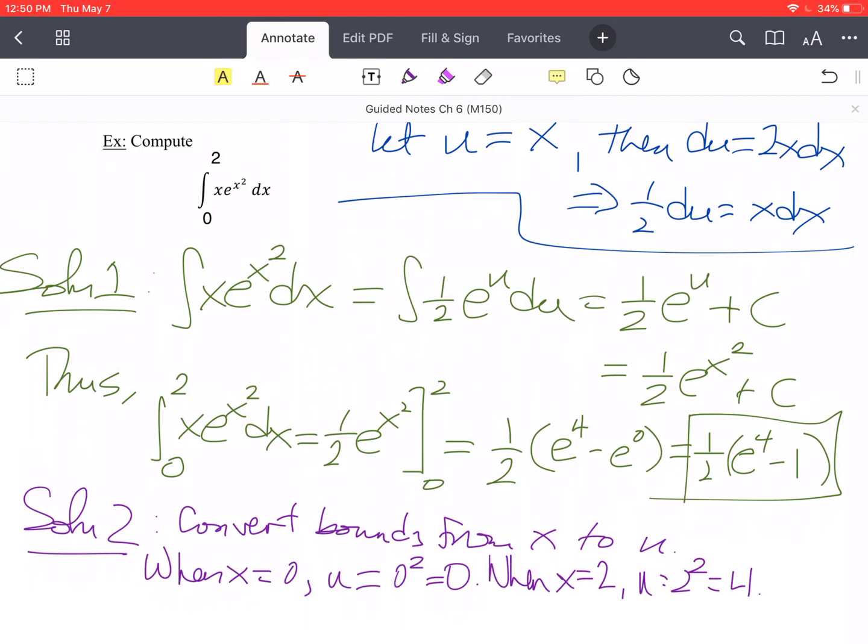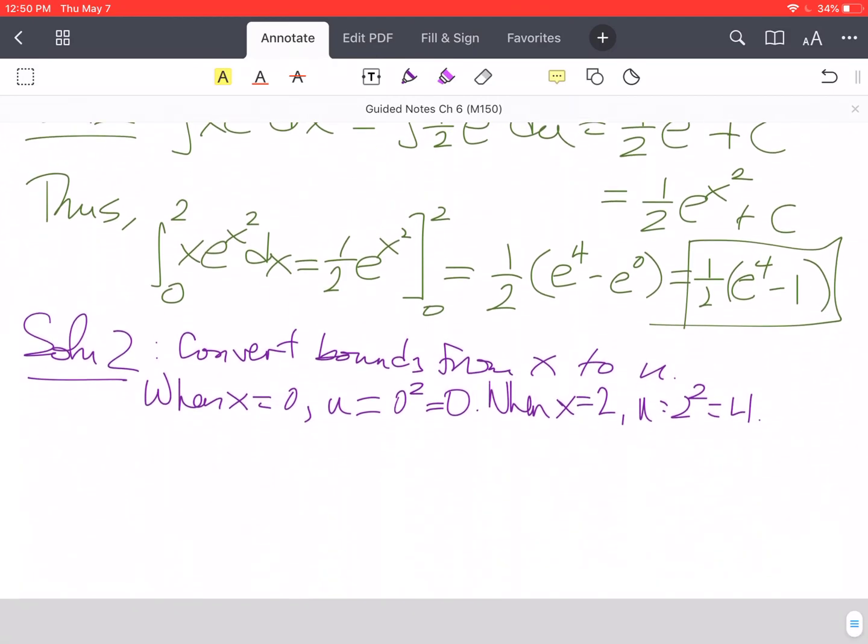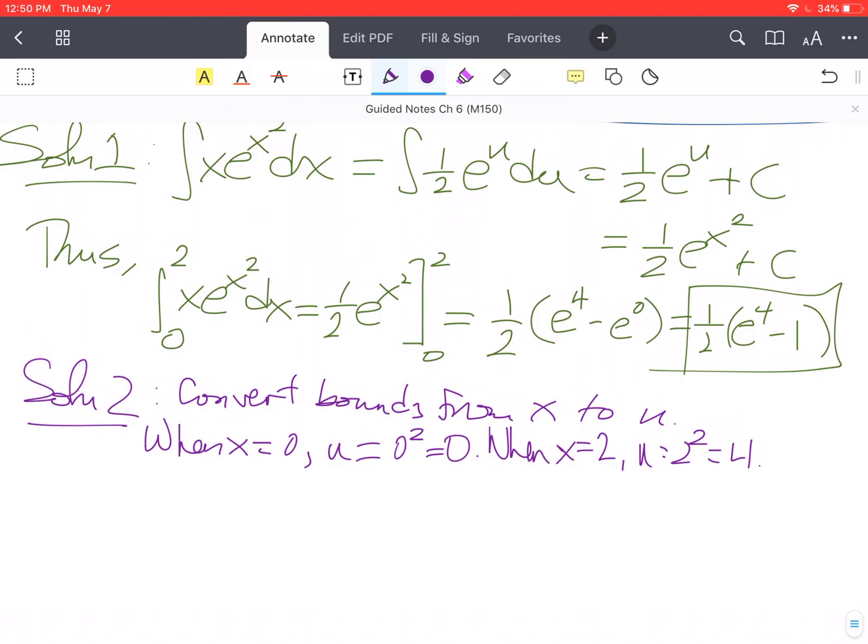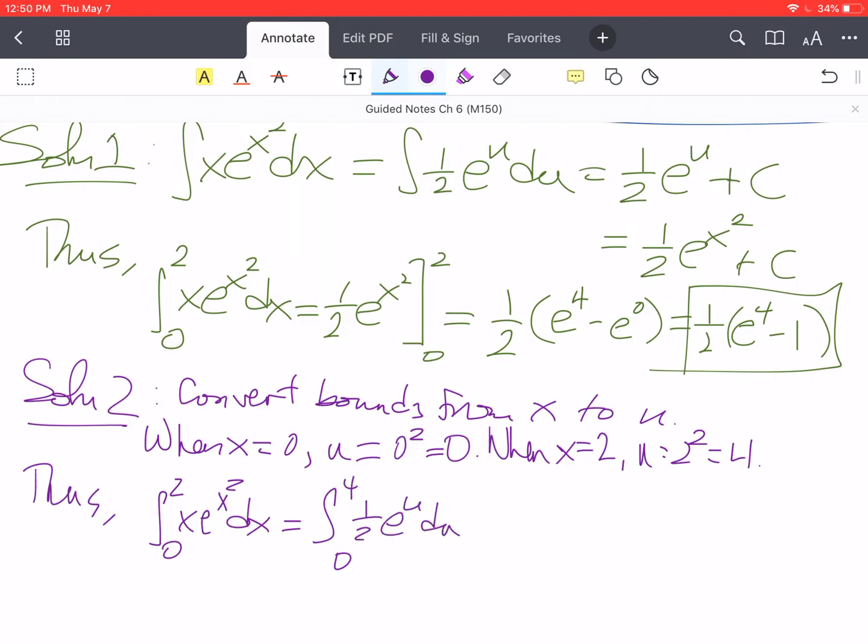So now what we can do is set up the integral using only u and only the new bounds that we created. So thus, we have the integral from 0 to 2 of x e to the x squared dx equals the integral from 0 to 4 of 1/2 e to the u du. Take the antiderivative, so that's 1/2 e to the u evaluated from 0 to 4.